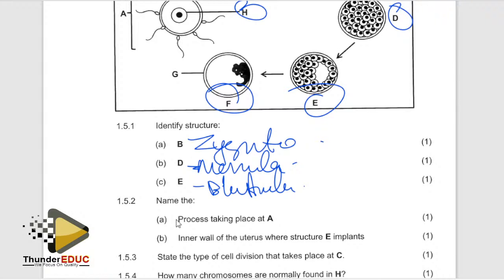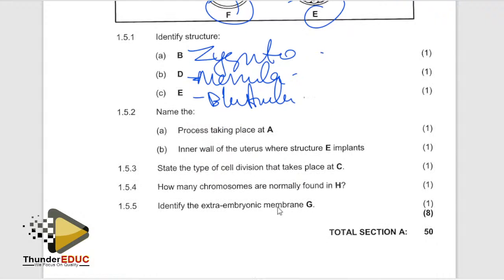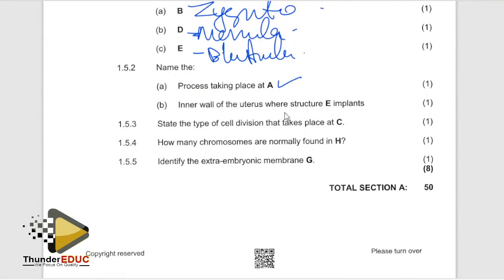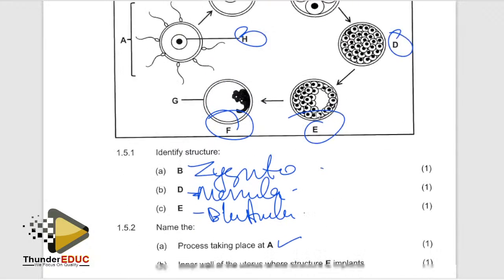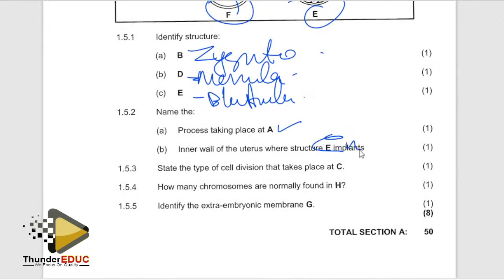So the process taking place at A is fertilization, and the inner wall of the uterus where it is implanted is the endometrium. Yes, so you talk about the endometrium.